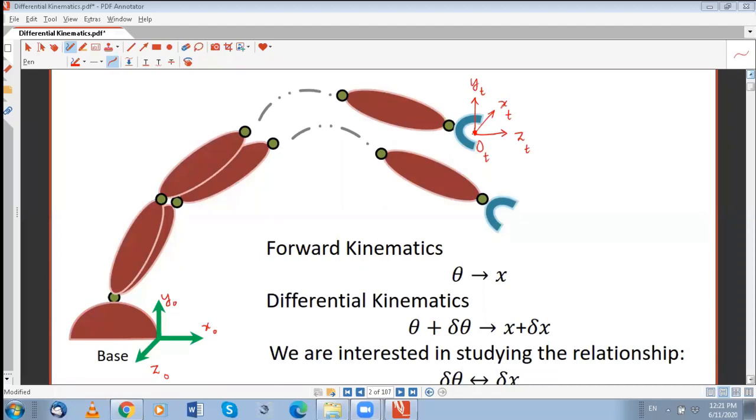So this is the point which we're interested in. It's the velocity. This is the origin. When we say px, px is the position of the origin of the end effector along x of the base.